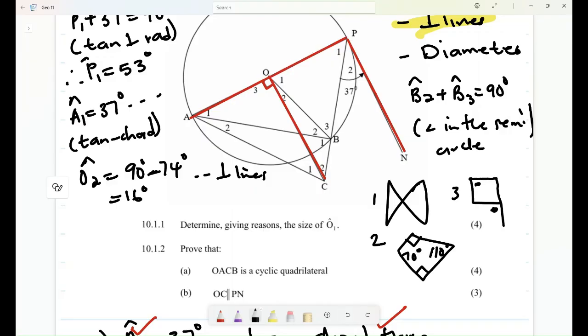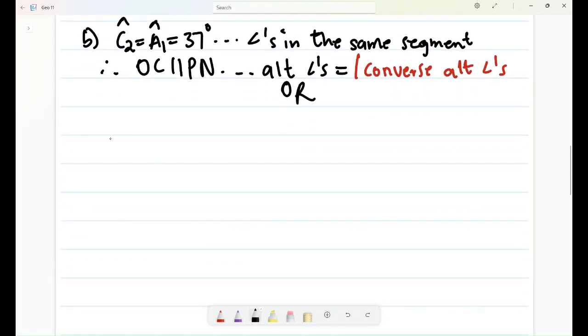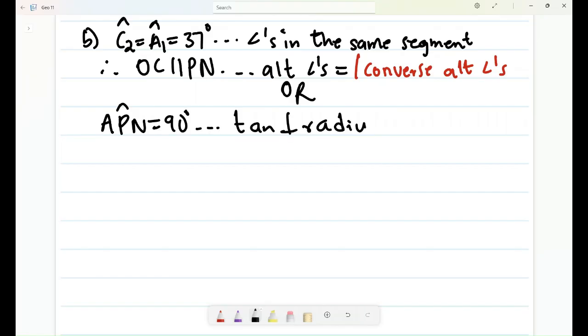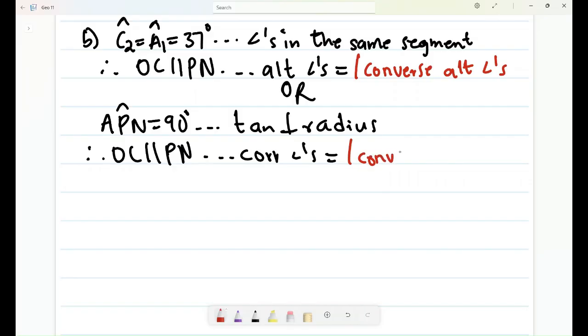So angle APN is equal to 90 degrees. Why? Tangent perpendicular to radius. Therefore, OC is parallel to PN. Why am I saying that? Corresponding angles are equal, or I can say converse corresponding angles.